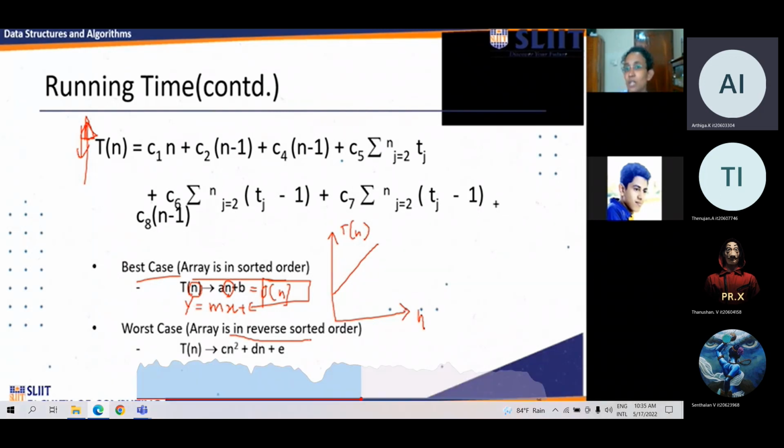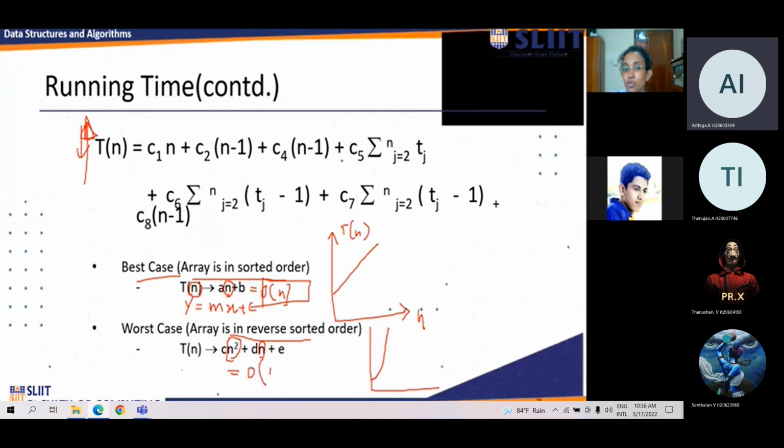So the Tn equation is something like this, which is a drastically increasing curve. So the n squared term is there, which means you have a curve. Big O value means you have to think about the input terms, which is you have n squared and n. Out of these two, you know that big O means upper limit, upper value. Upper value means the big one.